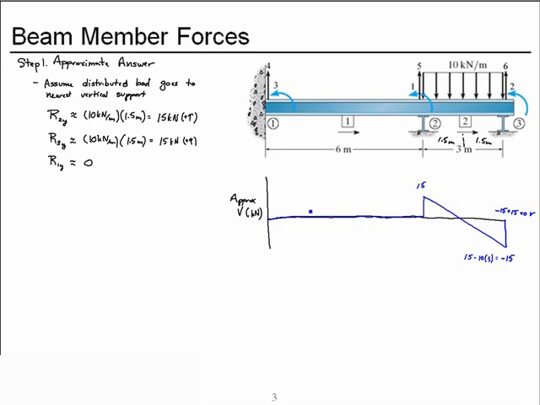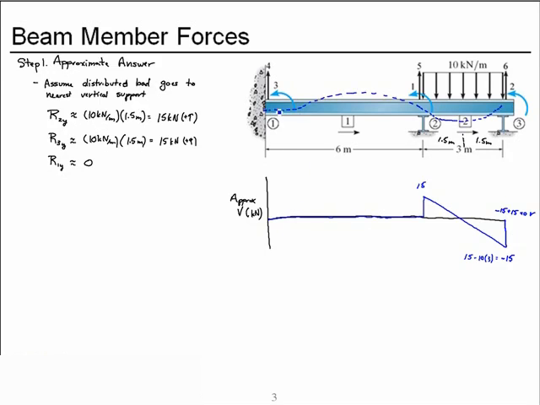Now, about this portion being 0 and this reaction being 0, if we sketch the anticipated elastic curve, that is, the deflected shape, we expect it to look something like this.